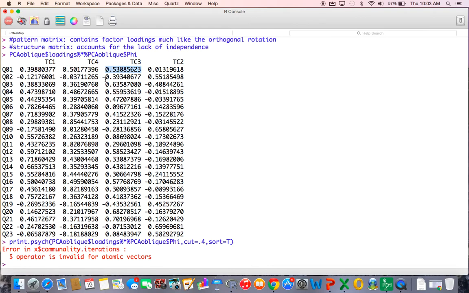Question number 2 would load on component 2. And I would go through and maybe do a kind of chi-square goodness of fit test and see if the loadings were actually different.